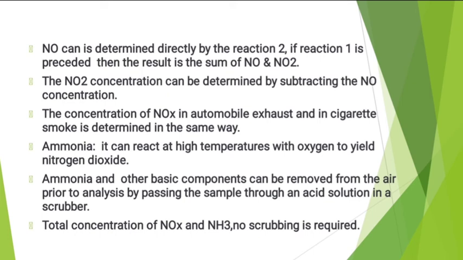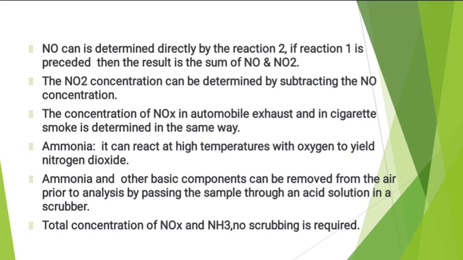Ammonia and other basic components can be removed from the air prior to analysis by passing the sample through an acid solution in a scrubber. The scrubber is a vessel that contains a liquid solution and through which the gaseous sample is pumped.